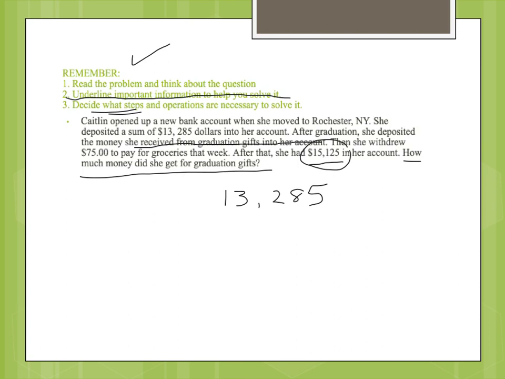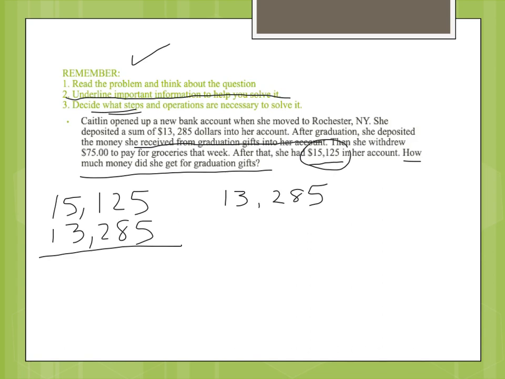So we're figuring out the difference between $15,125 and $13,285. And that's going to give us part of the information. We'll know how much more money was added.